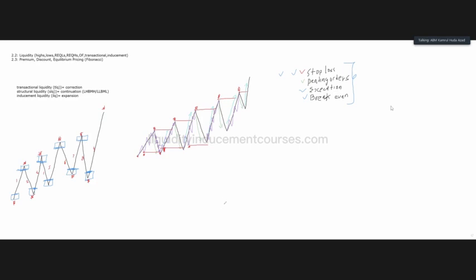So if I have this push, this push, this push, you all will agree with me that I have a low, a high, a higher low, and a higher high. The new higher low created is here, isn't it? Hence, that's where inducement liquidity is sitting. So if price comes here, I will say inducement liquidity has been grabbed.